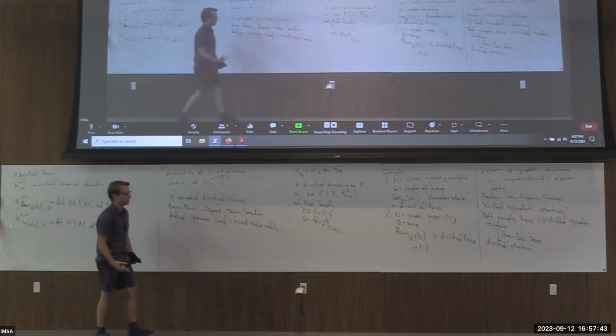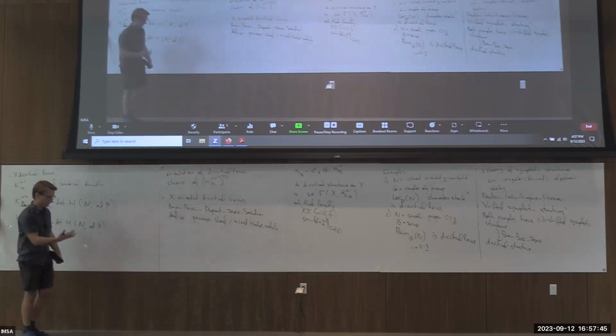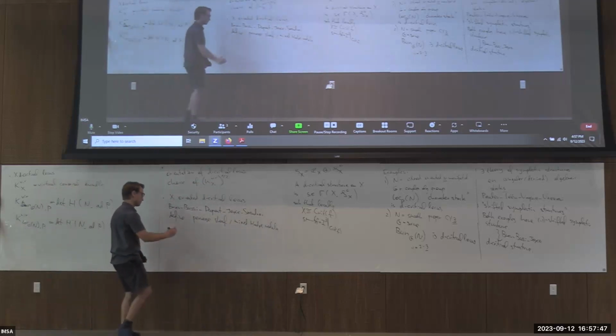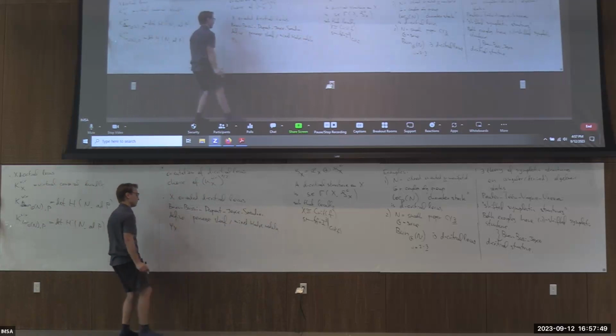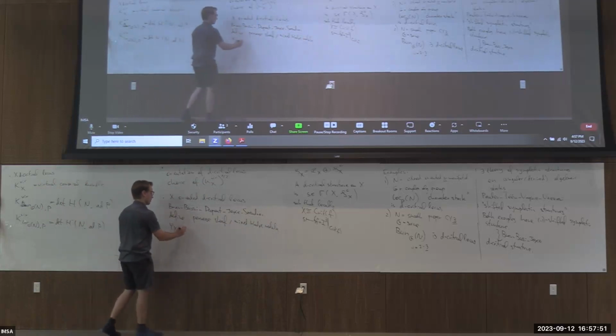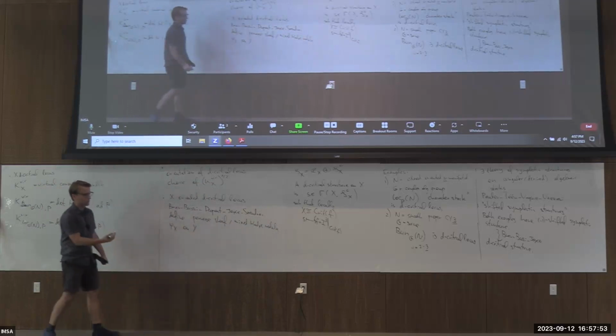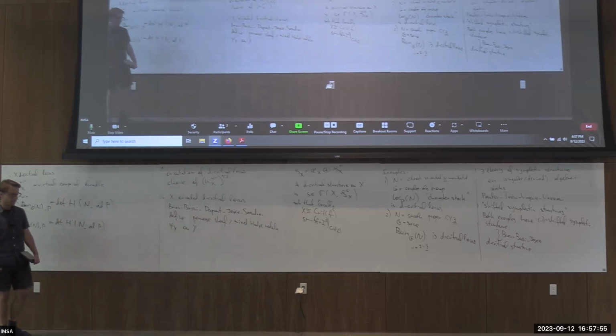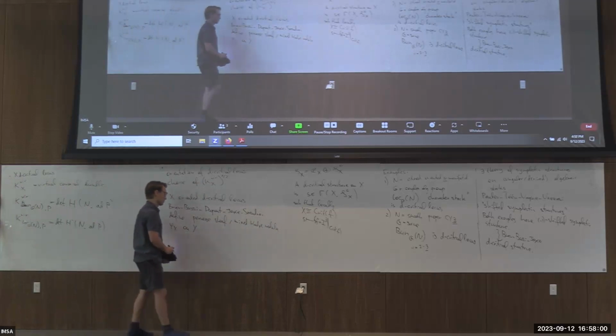So you can talk about weights of the Hodge structure, for instance, on this derived locus, which is locally just the sheaf or mixed Hodge module of vanishing cycles.